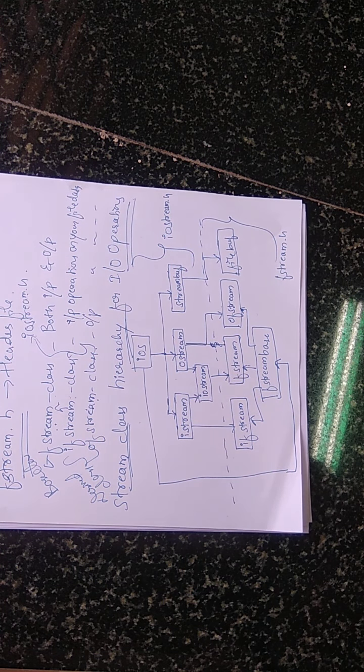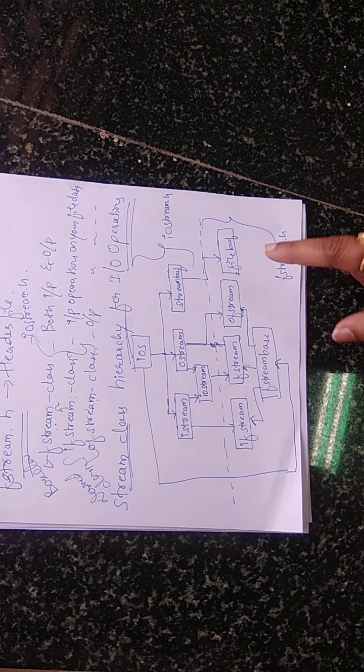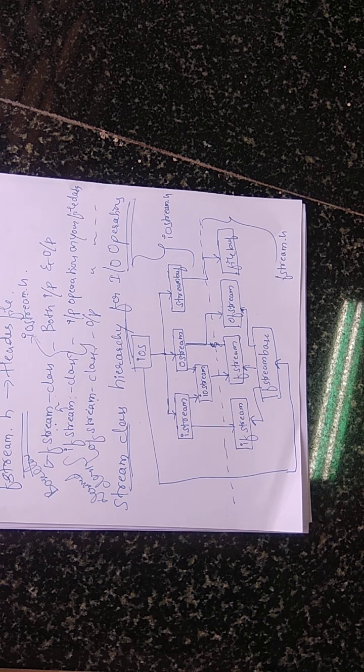So before seeing the terms stream buffer and file buffer, let me tell you what you mean by buffer first. Here buffer is nothing but the physical memory storage, meaning the data is stored in your disk or the file.